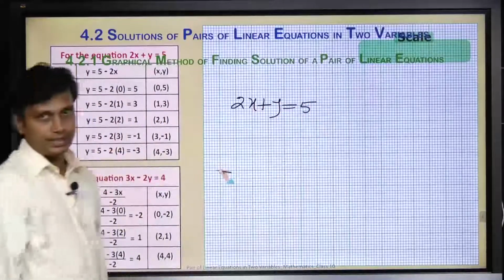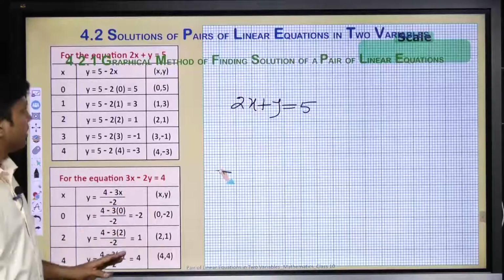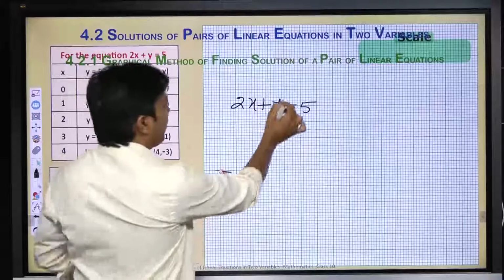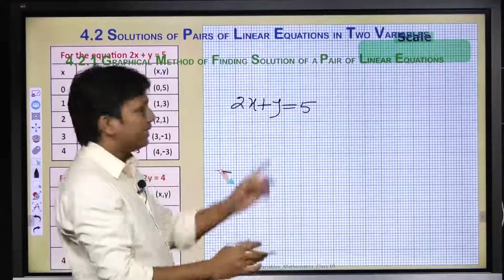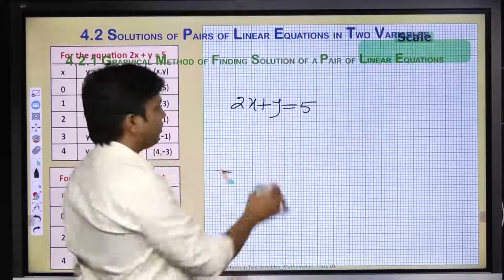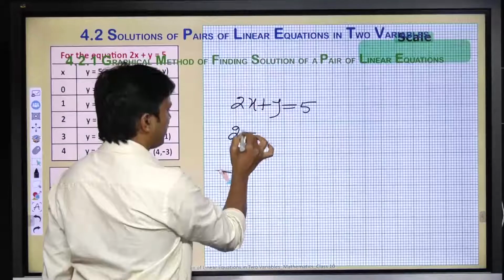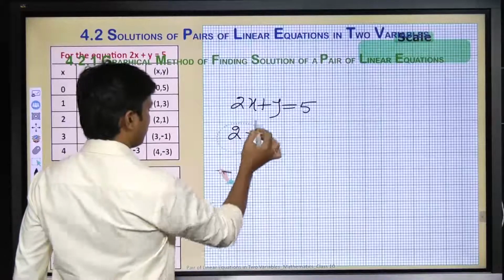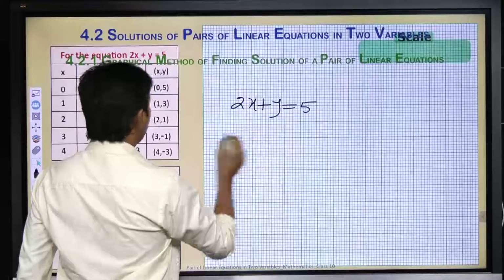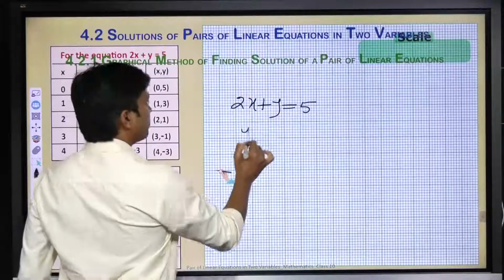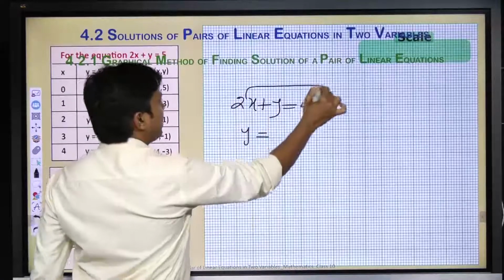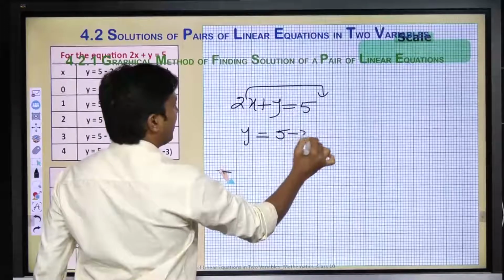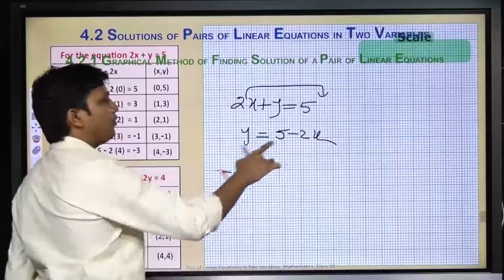In order to solve this, subject y, meaning send this 2x to the other side. So what happens? y equal to 5 minus 2x.